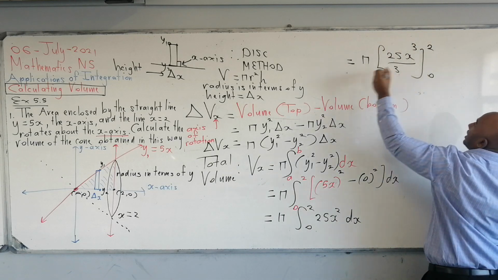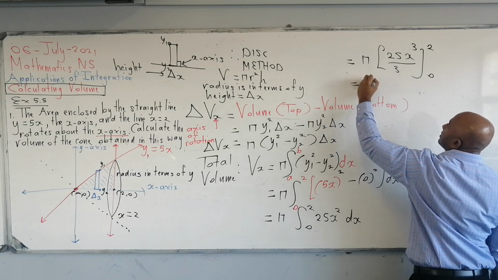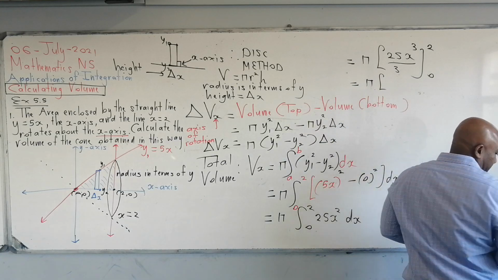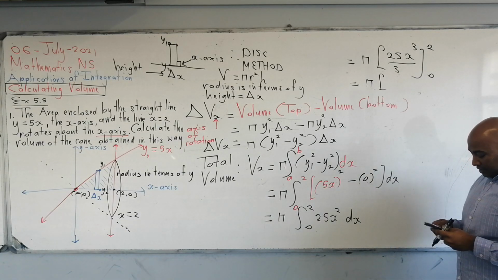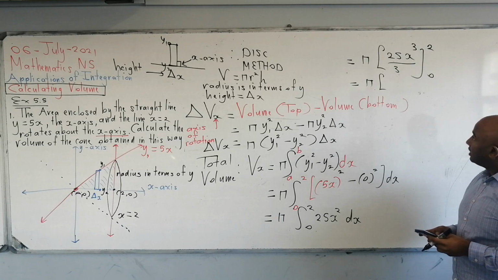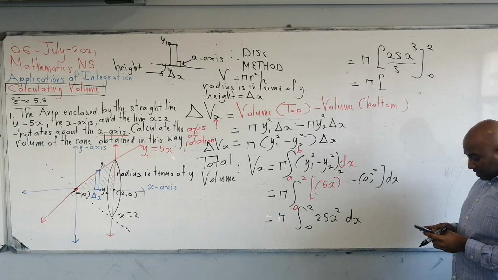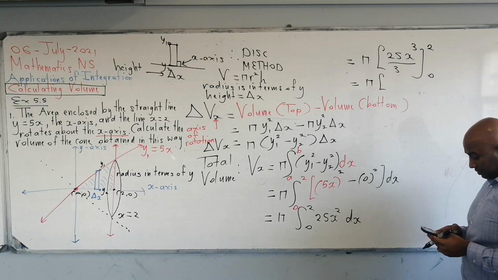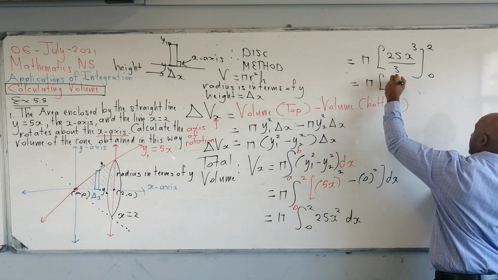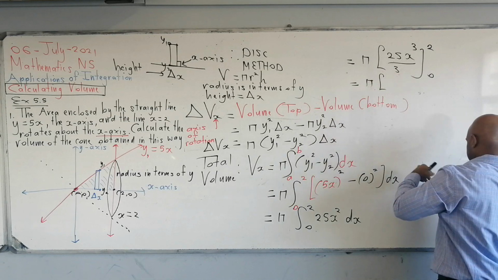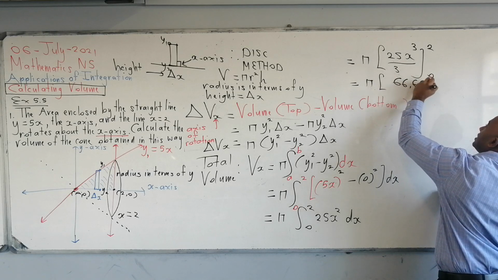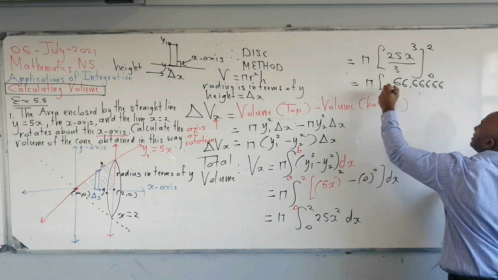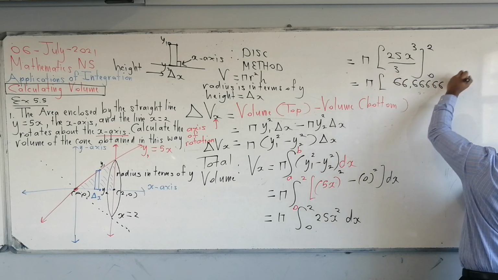Substituting 2 and 0, and let's see what we get. So I got 25 over 3 multiplied by 8. 2 to the power 3 is 8. So I'm getting 66.66666 here. Minus, if I substitute 0, I'm getting 0.